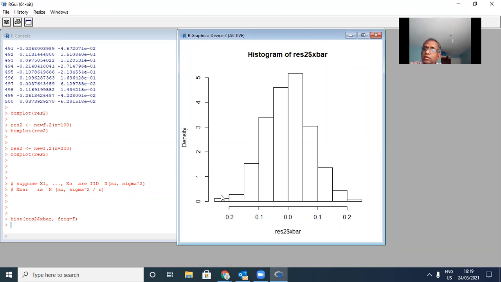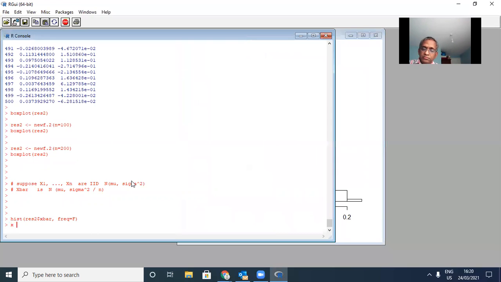Now, according to the theory, this must follow a normal distribution with mean equal to mu and variance equal to sigma squared by n. I simulated from a standard normal, so mu is 0 and sigma is 1. Now, in order to compute the density, I'm going to define a sequence x from, say, minus 0.3 to 0.3 in small steps.